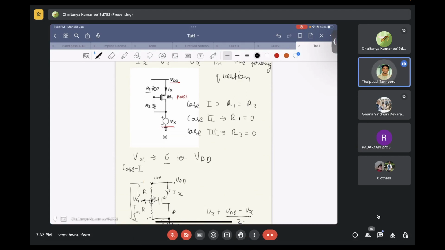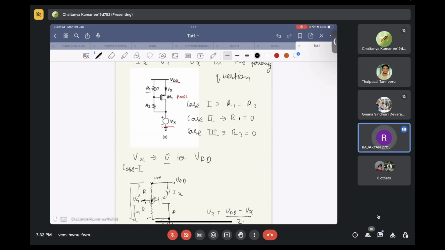Sir, it should be 1 by 2 mu Cox W by L. Okay, quick question. What if R1 equals 0, what is your VSG? Sir, VDD.